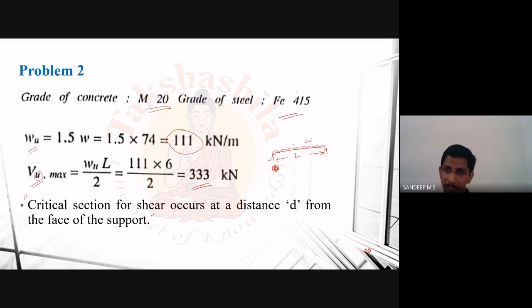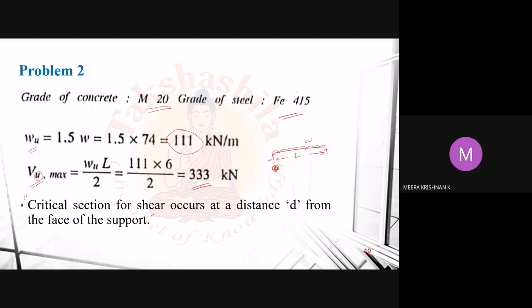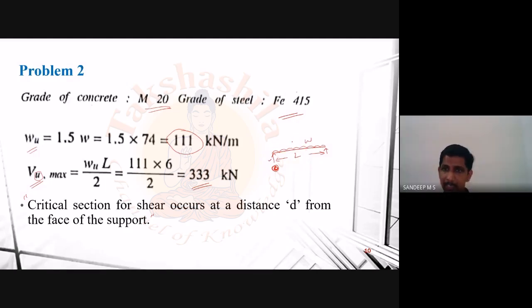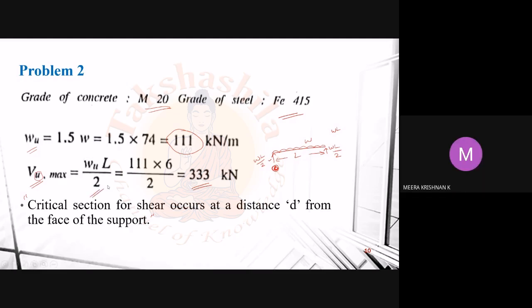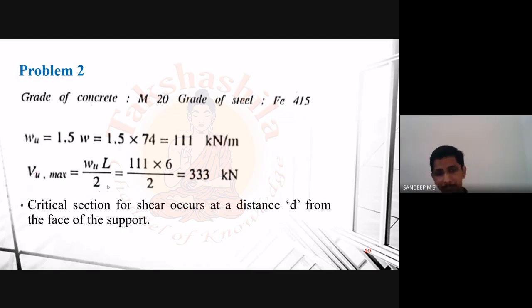What will be the total load? It will be W into L, which can be assumed to be acting at the center as a point load. So our total load is WL, and since this is a symmetrical case, it will be equally transferred to both the supports. So at this support we will have a force equivalent to WL by 2, and at this support also we will have a force equal to WL by 2. That is what is written here, WL by 2. Is it clear?